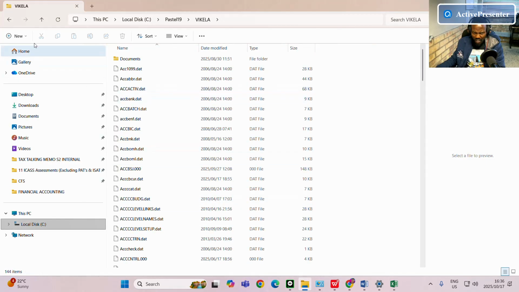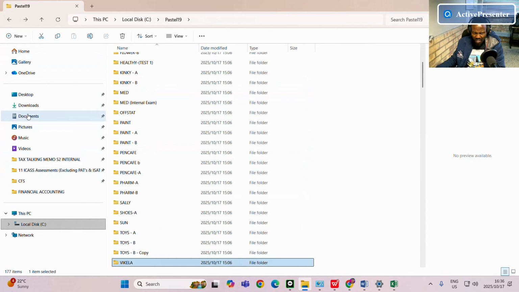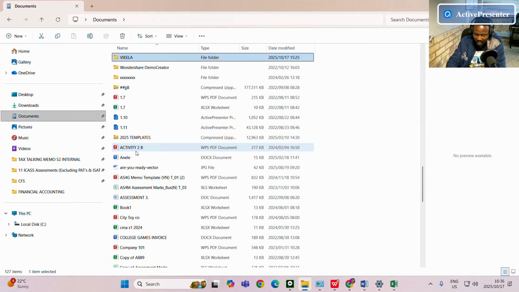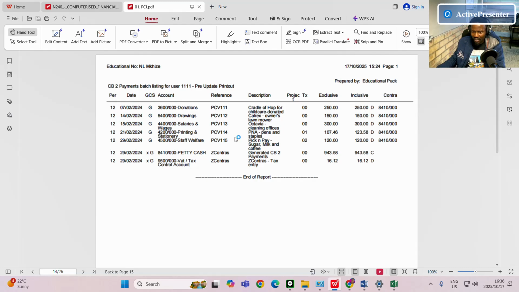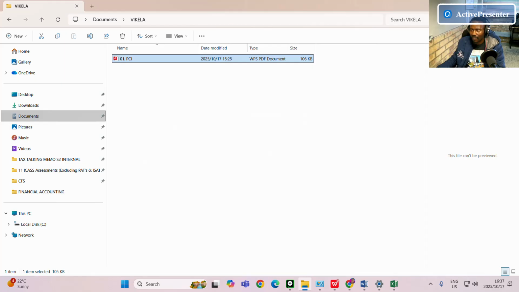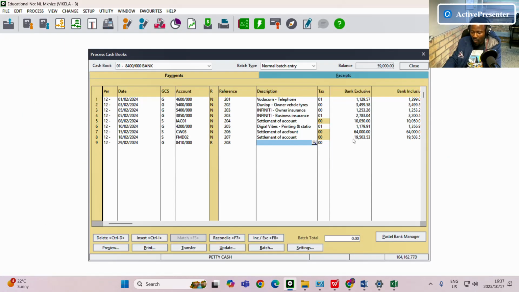So I do have it here. Here's my petty cash, and the total is 943.58. Sorry, 943.58. So that's the amount you need to record.